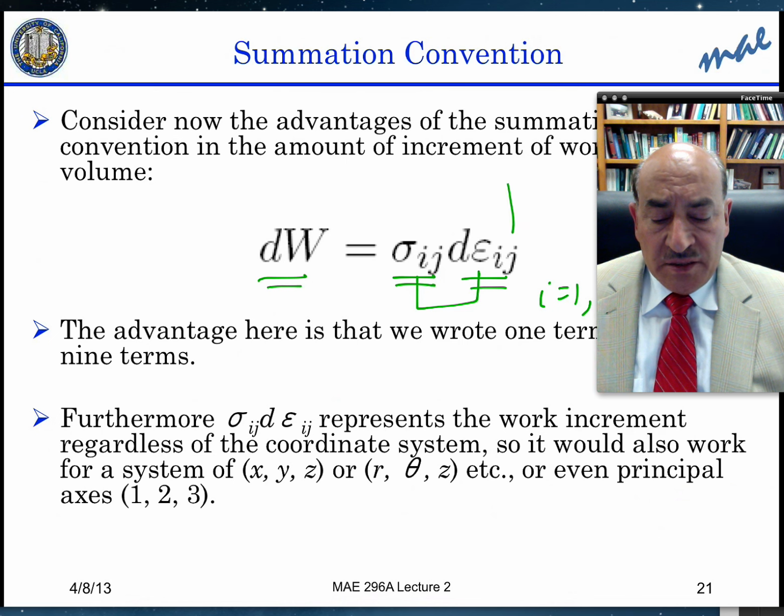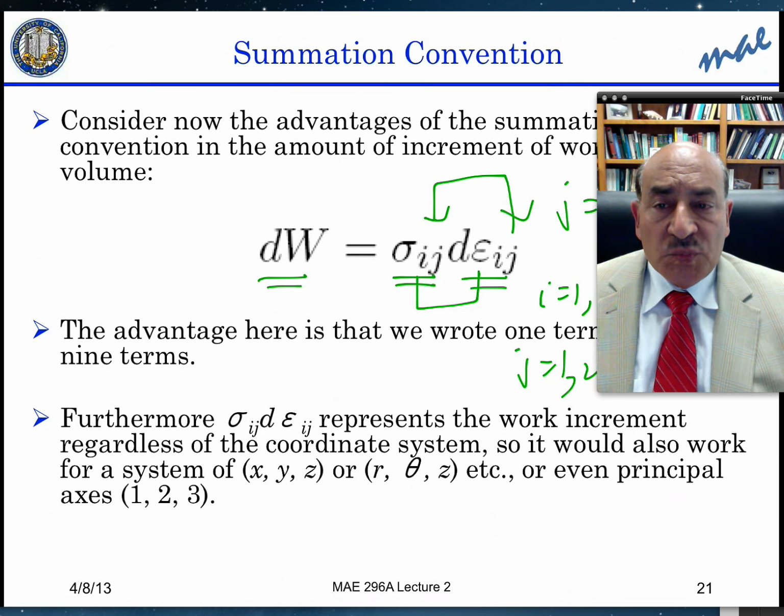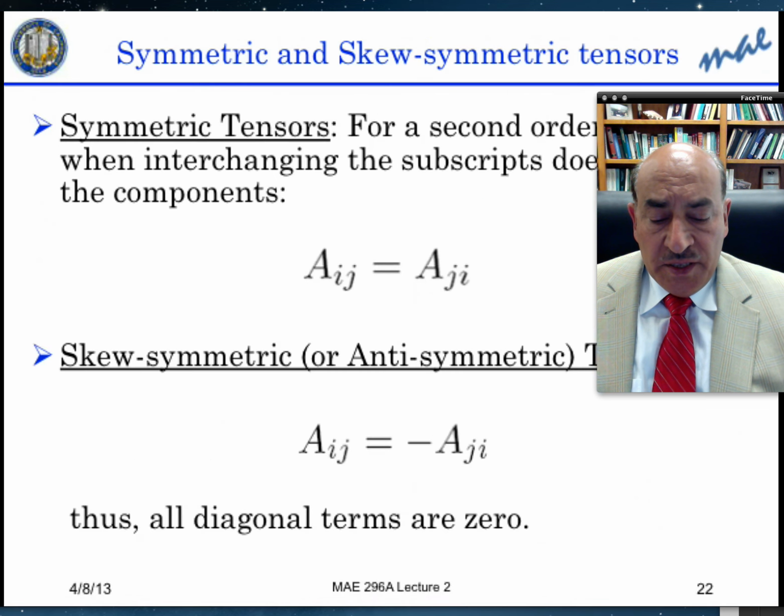And then you have another for loop over j, for j equals 1, 2, and 3. So you have two nested for loops to evaluate this result that you see on the board, and that is the work done per unit volume in 3D.